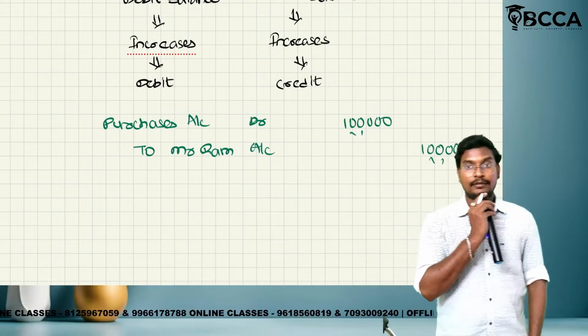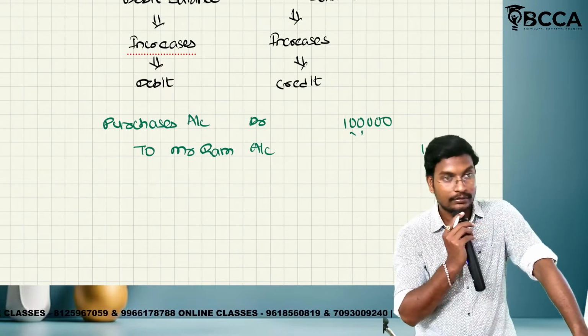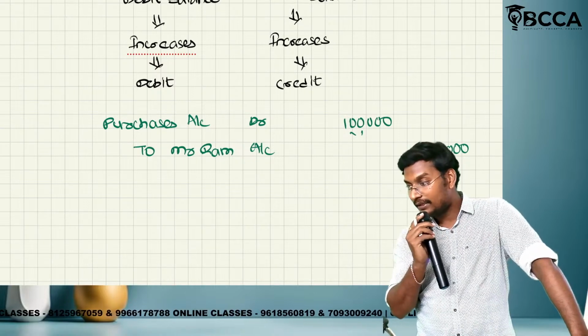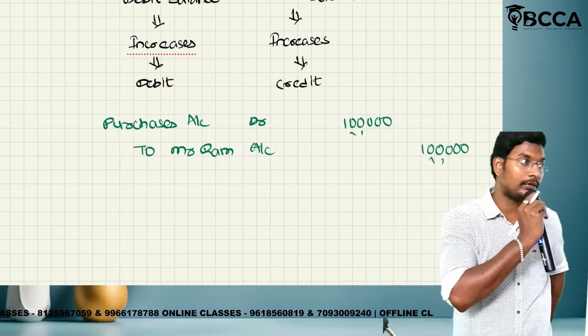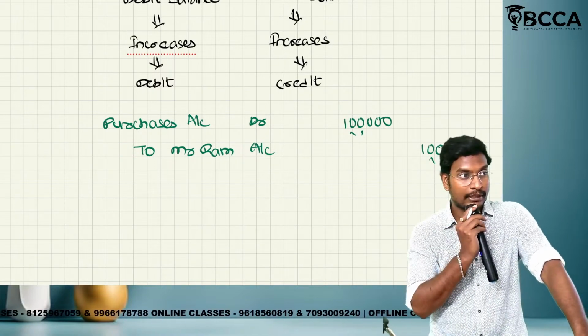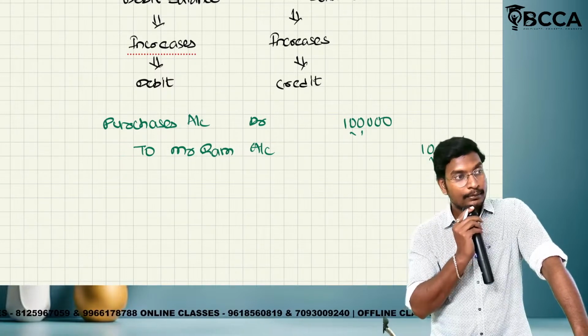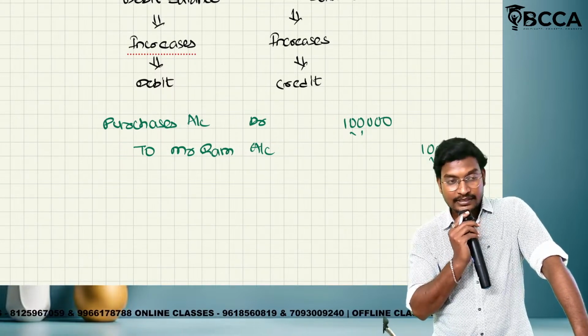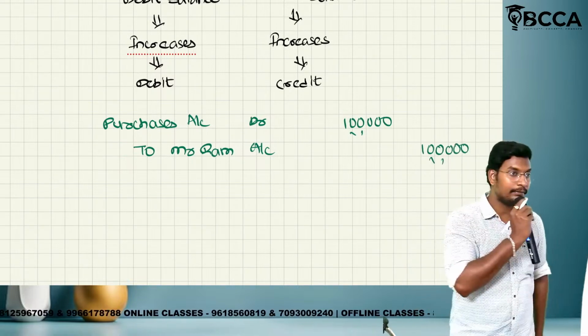Okay, guys. So you can draw the ledgers on your own. Open the purchase account and Ram account. In the purchase account, we have to record on the debit side to Ram account. In the Ram account, we have to record on the credit side by purchase account. So the purchase account will show the debit balance. Mr. Ram account will show the credit balance.